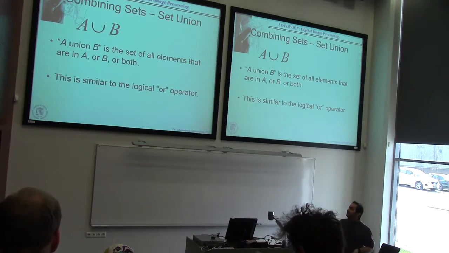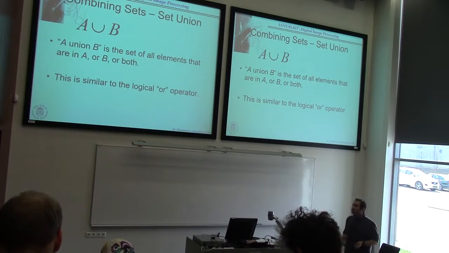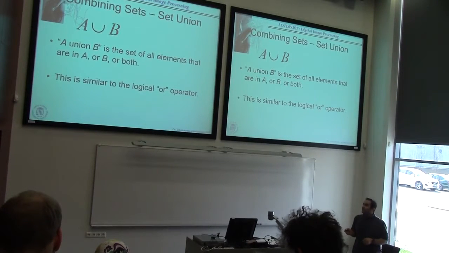And we have the union sign, which all of you know about. We use it frequently in probability. A union B means that all objects of the set A and all objects of the set B go together to form both of them.